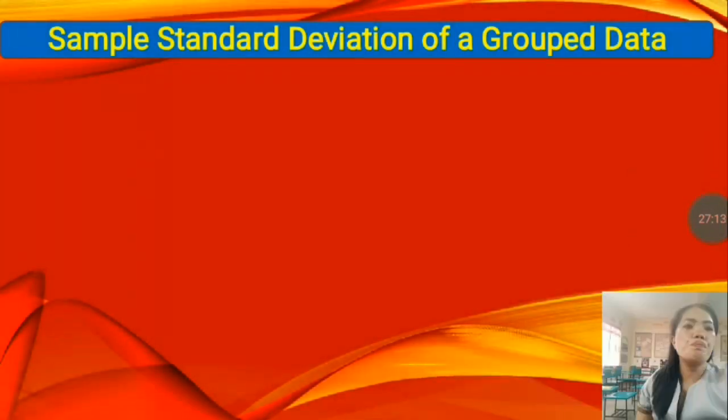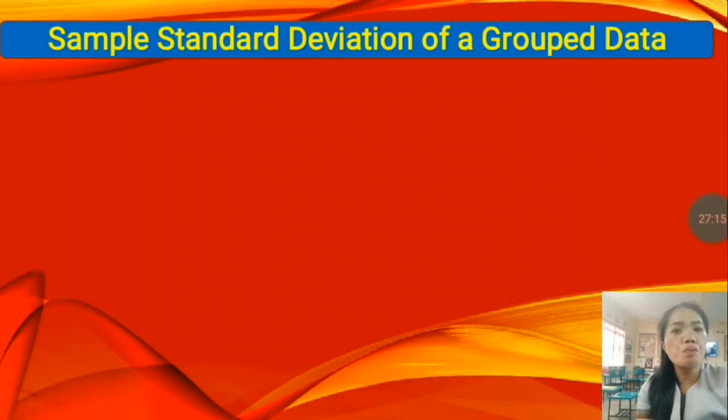Now this time, we will proceed to the sample standard deviation of grouped data. I hope that solving the population and sample standard deviation as well as the variance for ungrouped data is already clear. Okay?